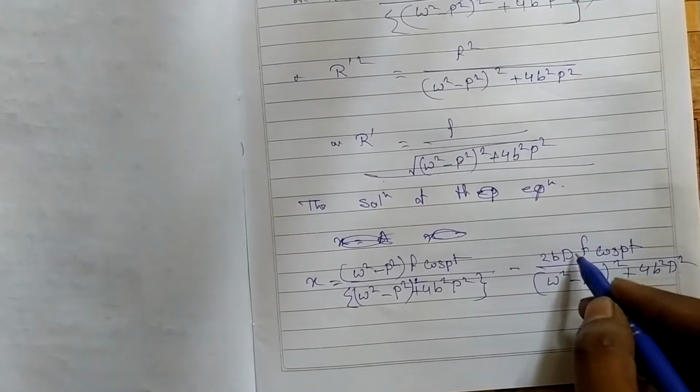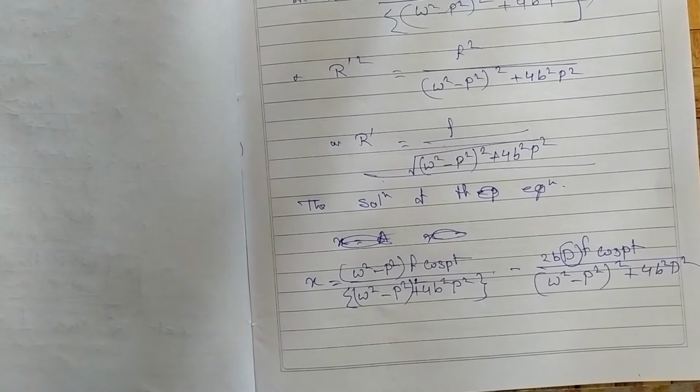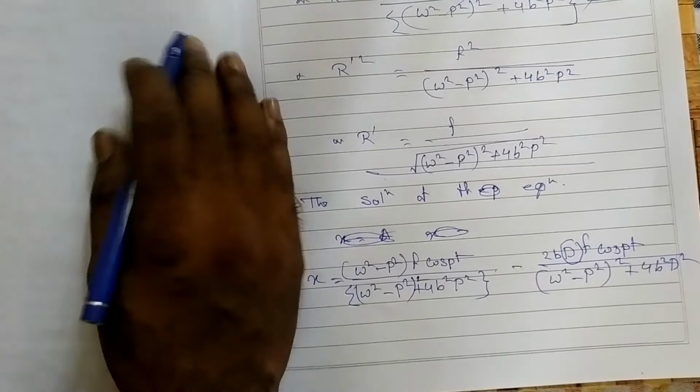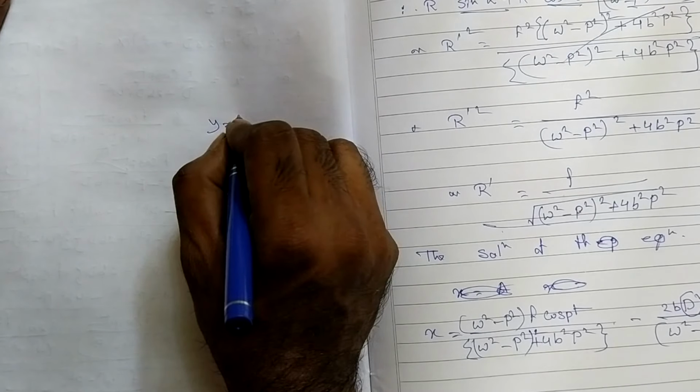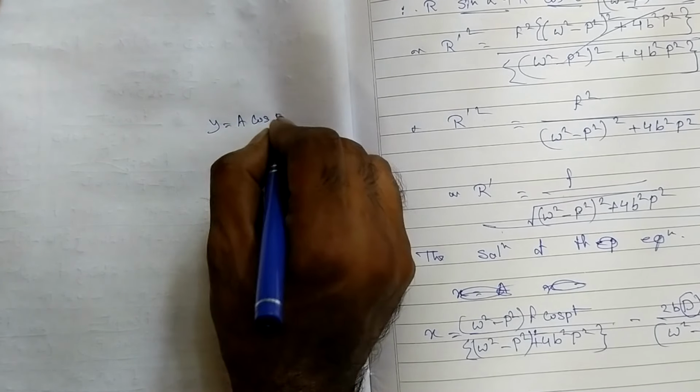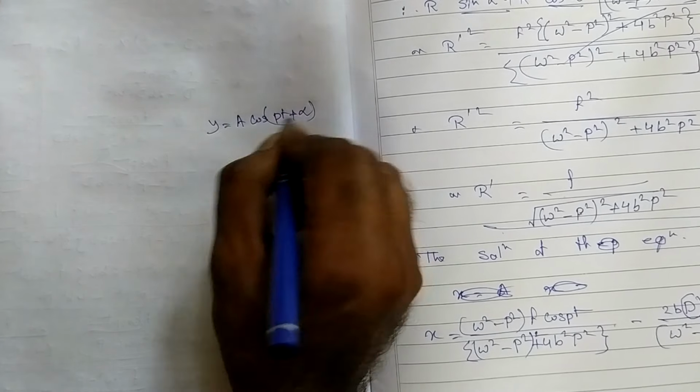Clear? So here is another part, another differential part. We have chosen y is equal to a cos(pt plus alpha) as the solution.